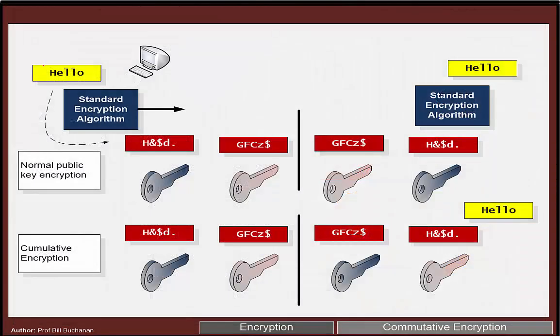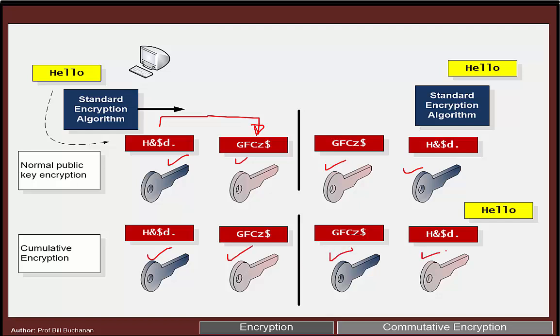So with normal encryption, when we apply the encryption, we've got to take the encryption off in the right sequence. So if we apply the blue key, then the red key must decrypt, and then the blue key must decrypt. With cumulative encryption, we can actually create certain keys that allow us to take the encryption off in any order.